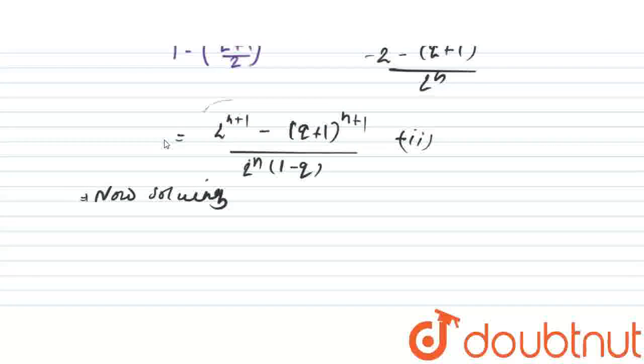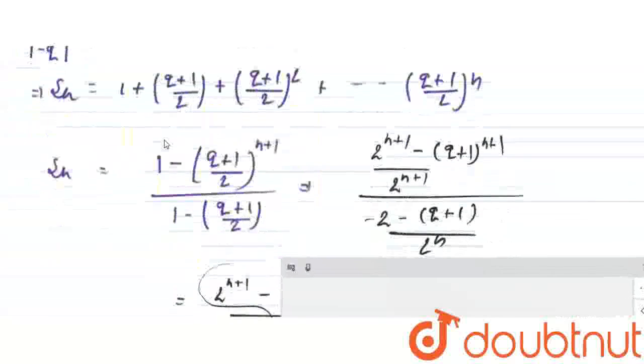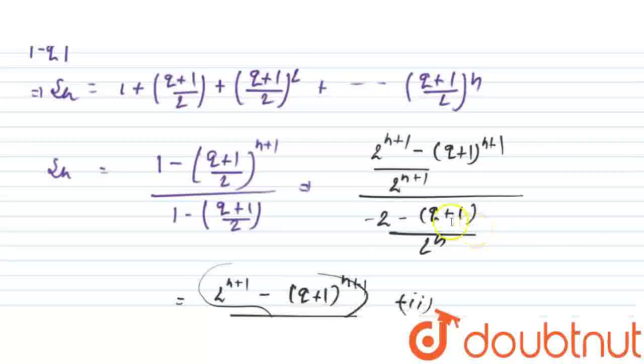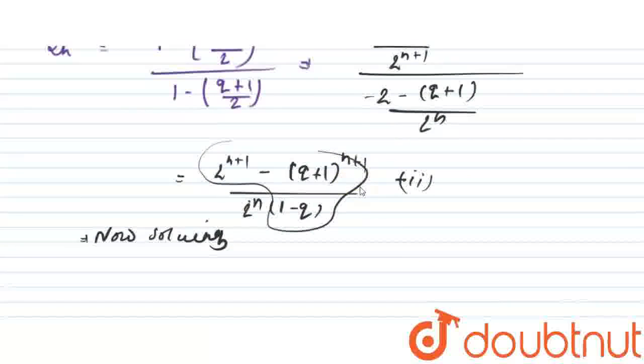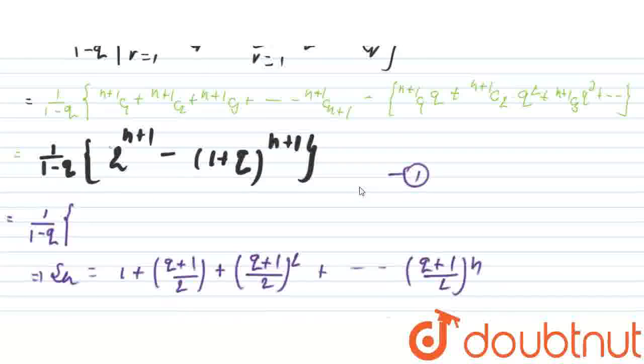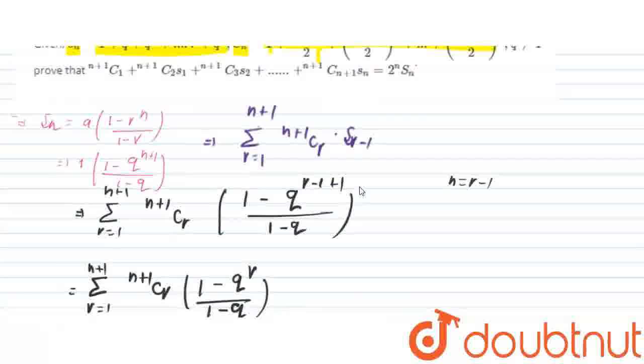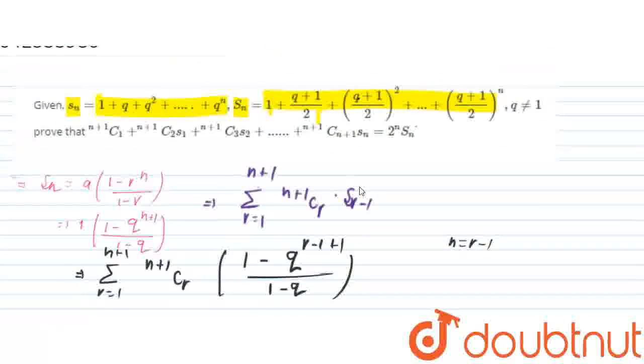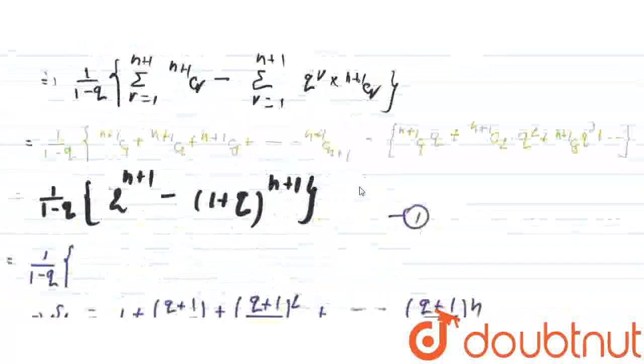So what are these terms? At the place of these terms, you can directly write this one, and this is equal to n plus 1 c1, n plus 1 c2 q, n plus 1 c3, like that.